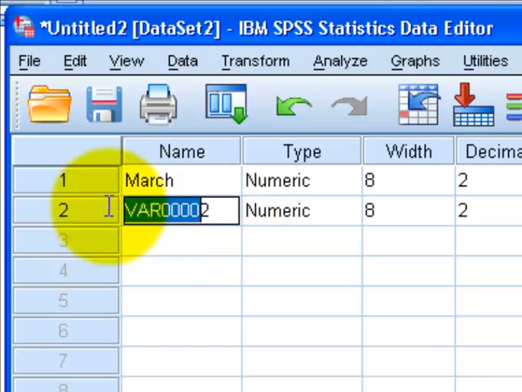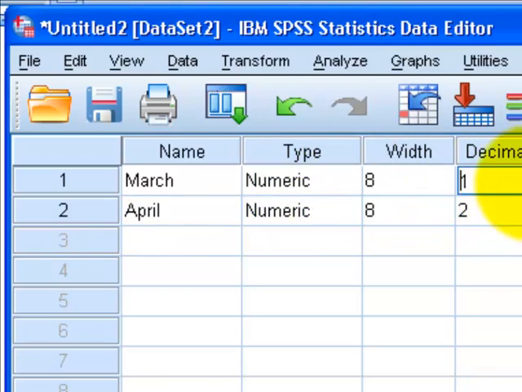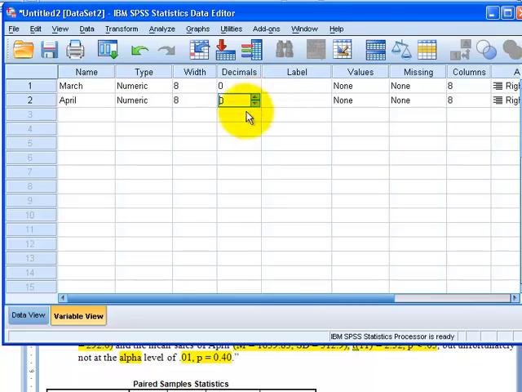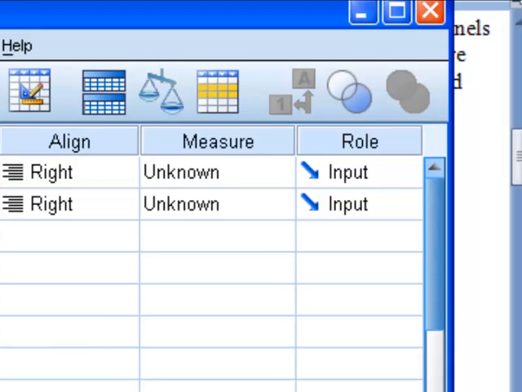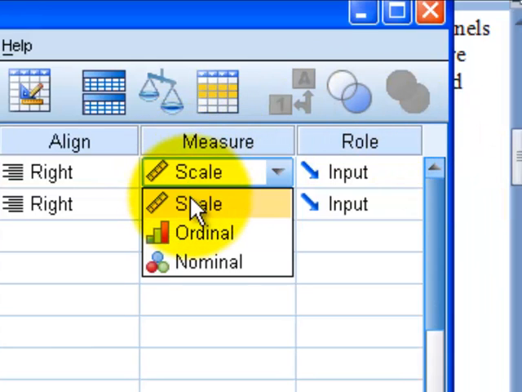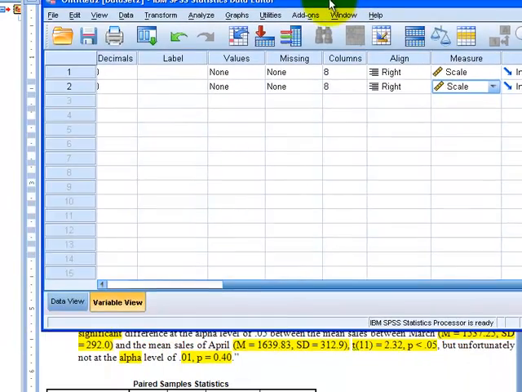And this one was April. Let me make sure I got those right. So far, so good. No decimals, please. And we are dealing with scale data, right?